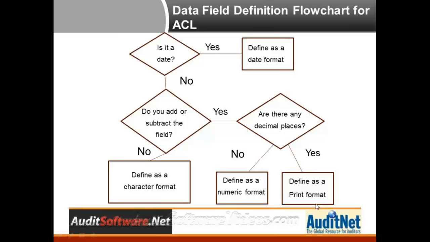There are differences in the language, so I want you to understand that. Print is formatted, and numeric is unformatted number. And you'll see that as we define that. With the numeric, what you're trying to do is impute decimal places into the number, whereas with the print format, the decimal places are generally there.